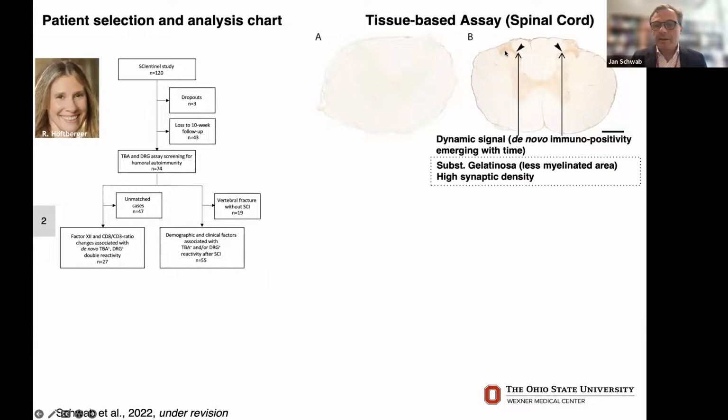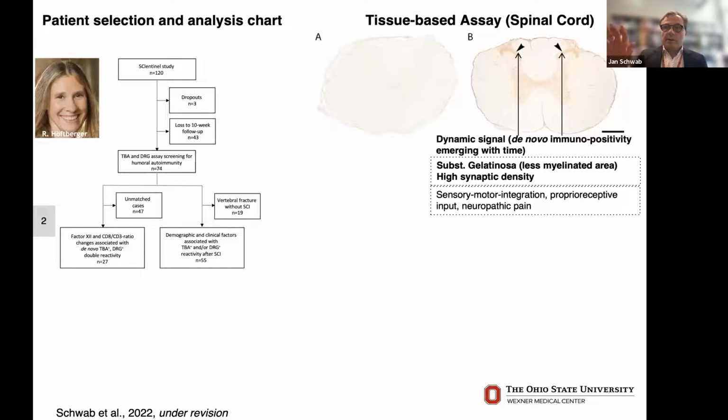And this is the area of the substantia gelatinosa, a less myelinated area, but characterized by high synaptic density. Here we see also a crucial area for sensory motor integration, or also for proprioceptive input, but possibly also this is the region where neuropathic pain can develop.